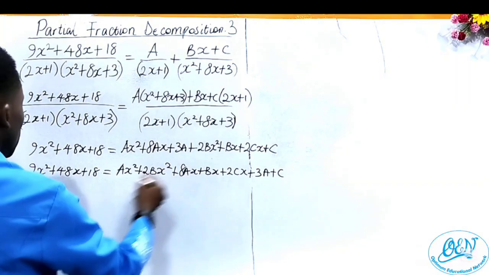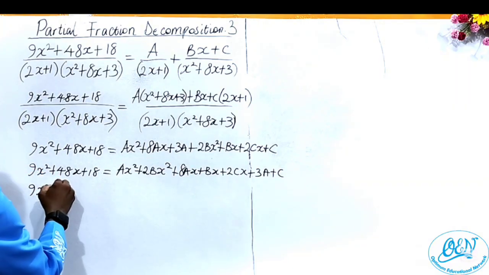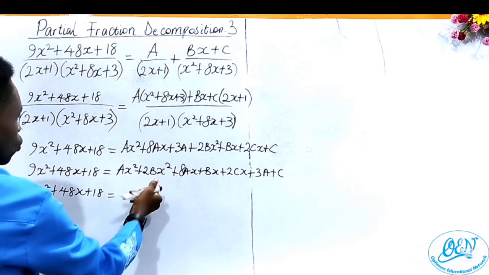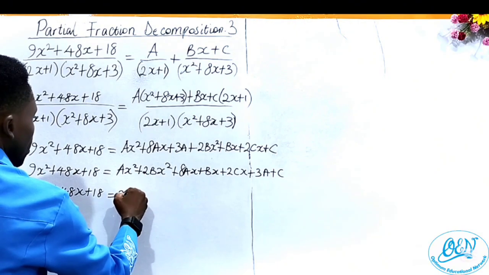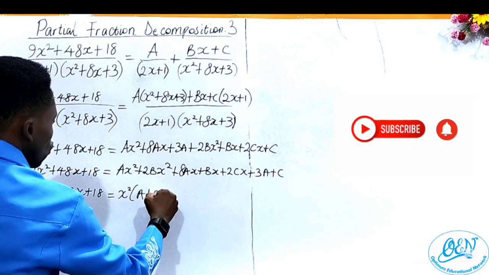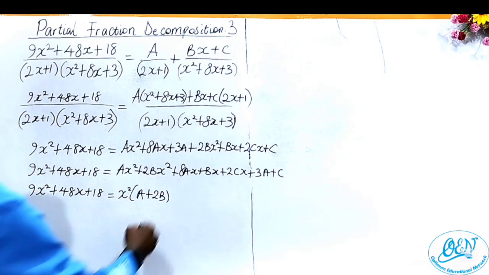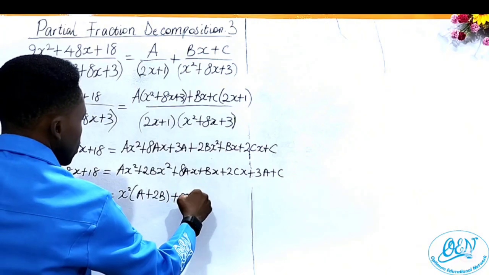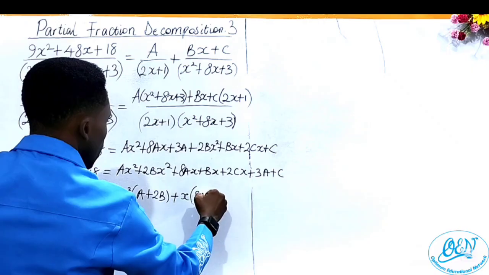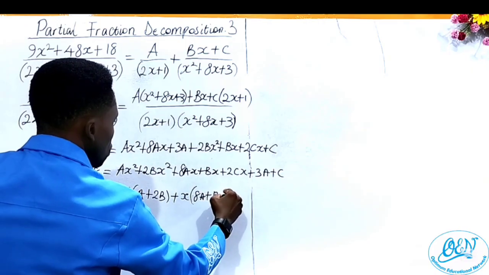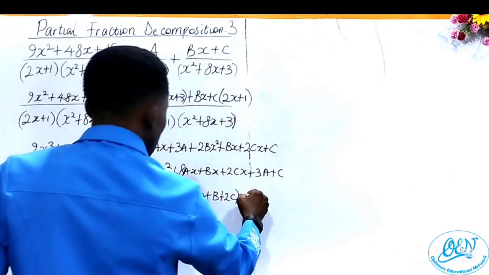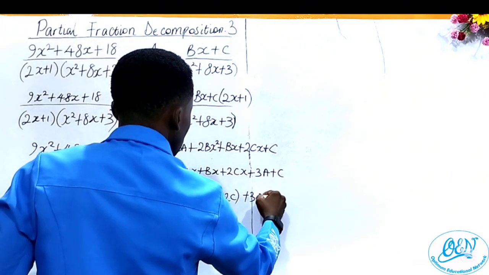So now since they are together, we can have 9x squared plus 48x plus 18 is equal to, we have x squared common here, so we have x squared into a plus 2b, right? Then here we have x common, so we bring it out to have 8a plus b plus 2c. That's that. Then we'll have our constants, 3a plus c.